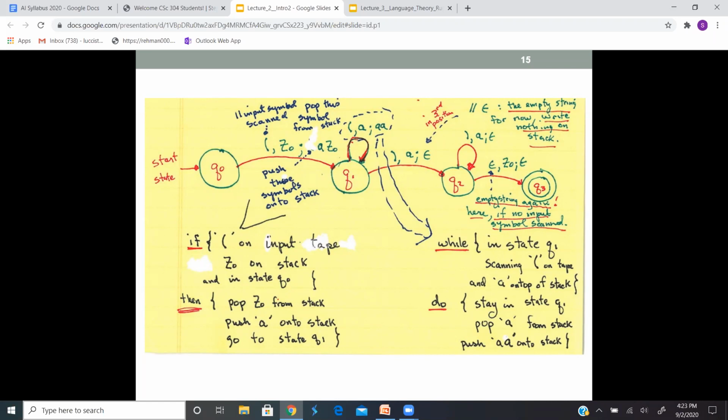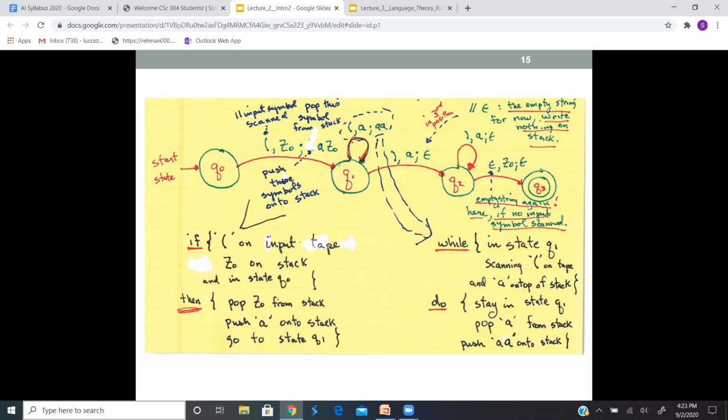So when you look at the stack and you see 1A on the stack, that means so far we've seen 1 left paren on the input tape. Is that okay? And go to state Q1.